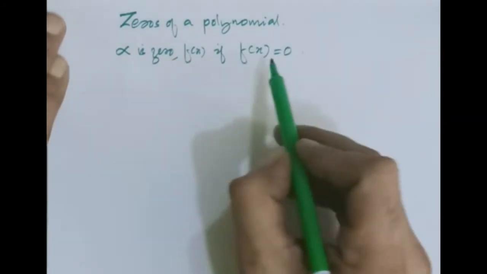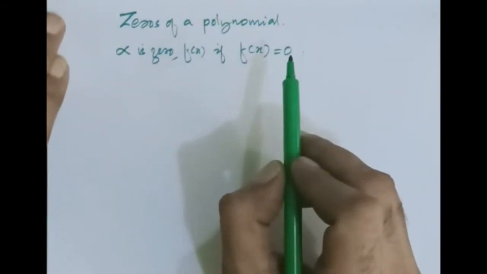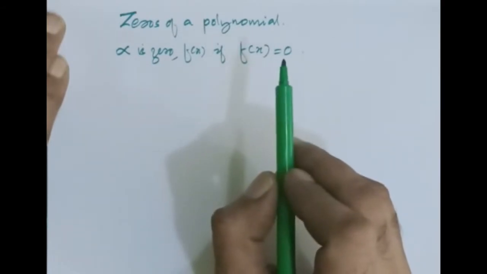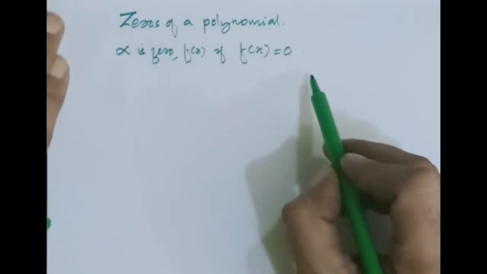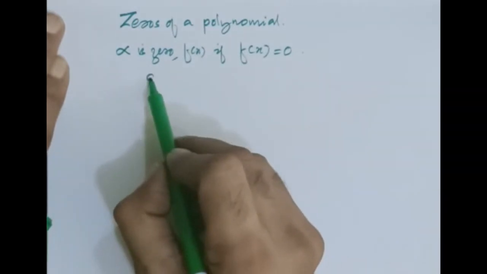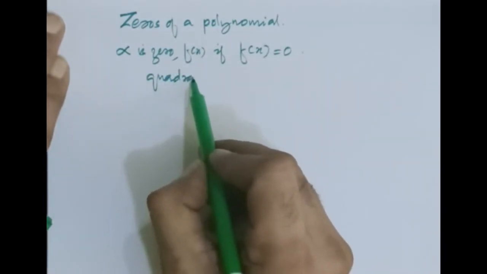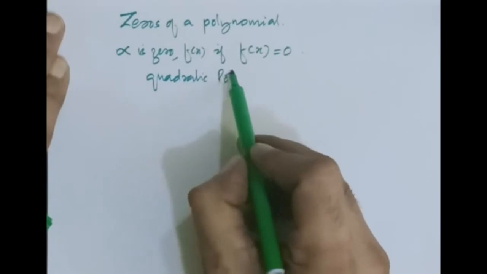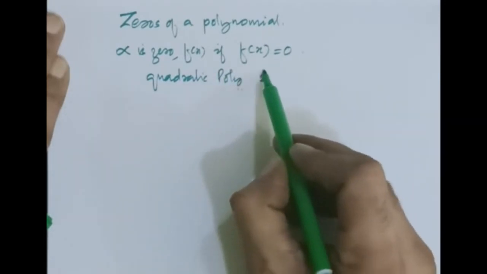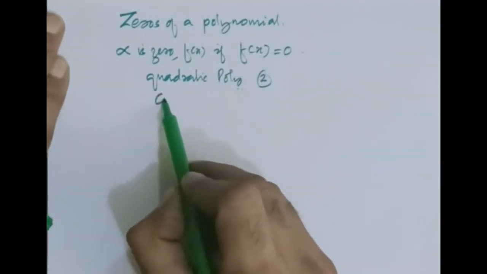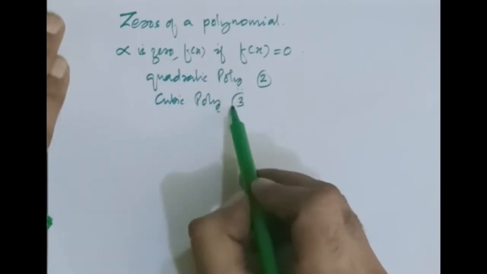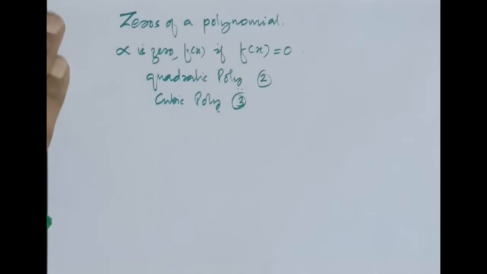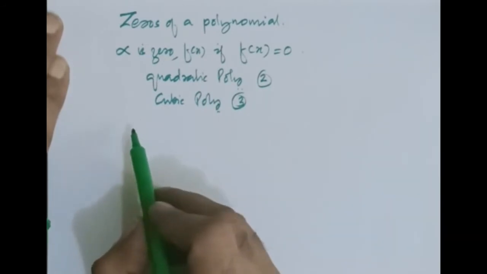The number of zeros of the polynomial is at most the degree of the polynomial. Therefore, a quadratic polynomial has 2 zeros, and a cubic polynomial has 3 zeros.